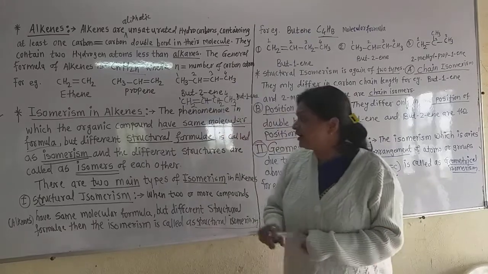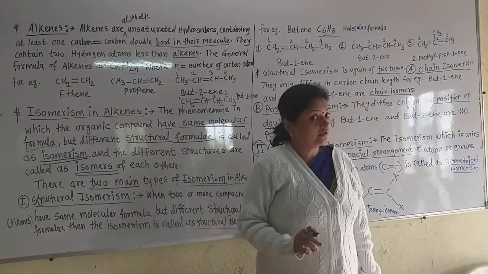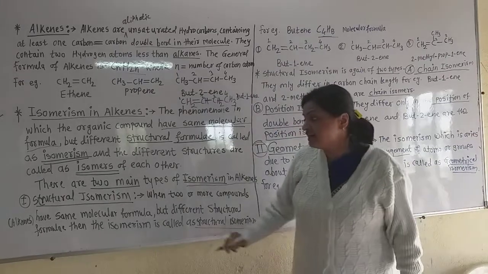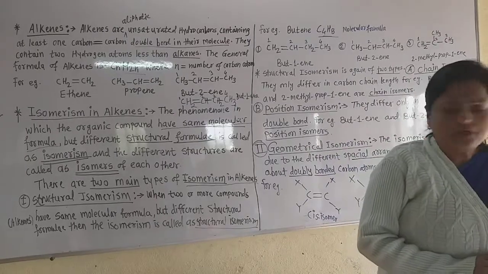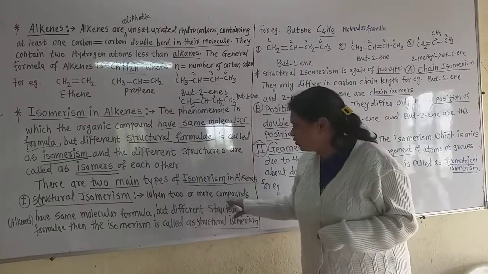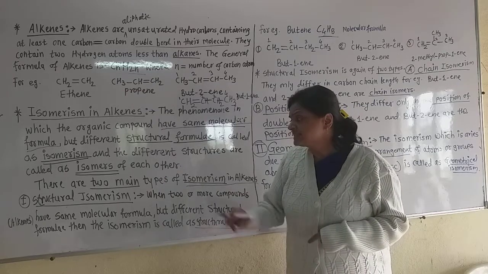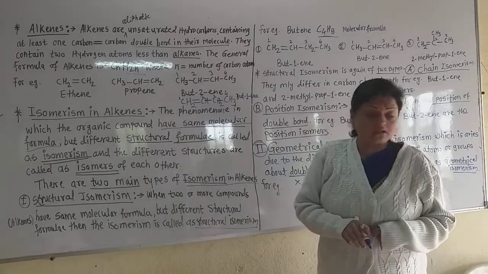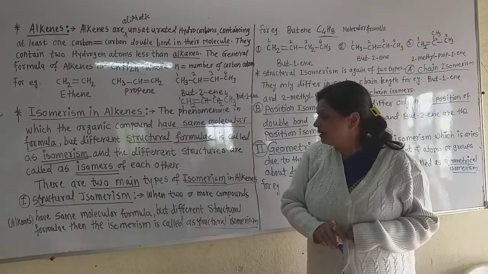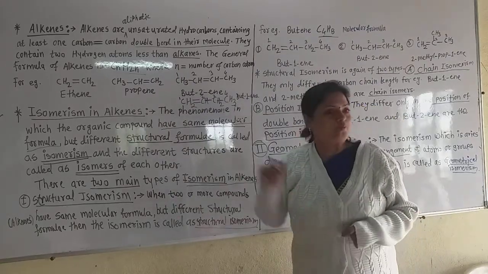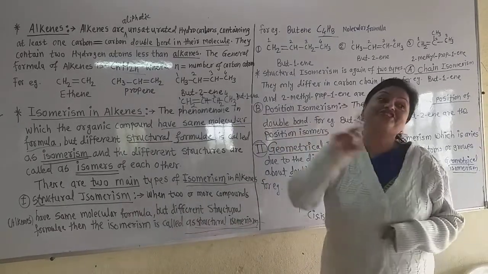Now see, there are two main types of isomerism in alkenes. Very important. The first one is structural isomerism. When two or more compounds, meaning alkenes, have the same molecular formula but different structural formulae, then such isomerism is called structural isomerism.